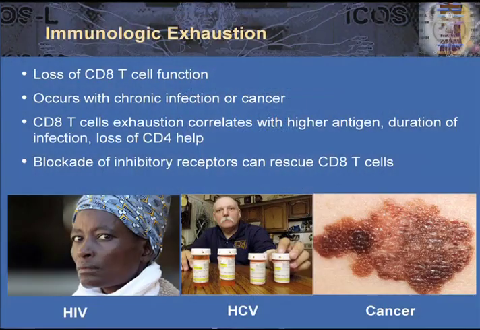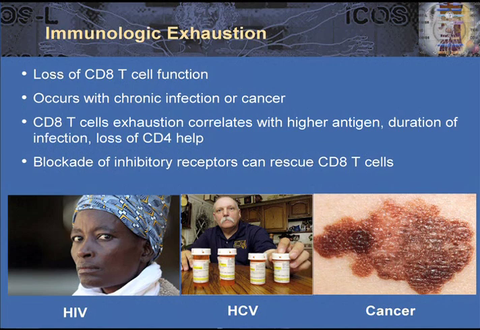Another aspect of co-inhibition is that you can develop immunological exhaustion. This occurs when you lose CD8 T cell function. This is seen in a number of different chronic infections and also cancer. Some of these are shown at the bottom here.